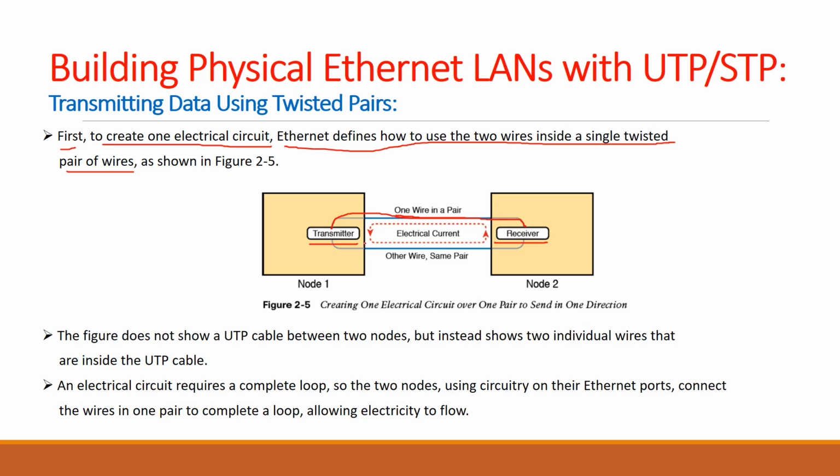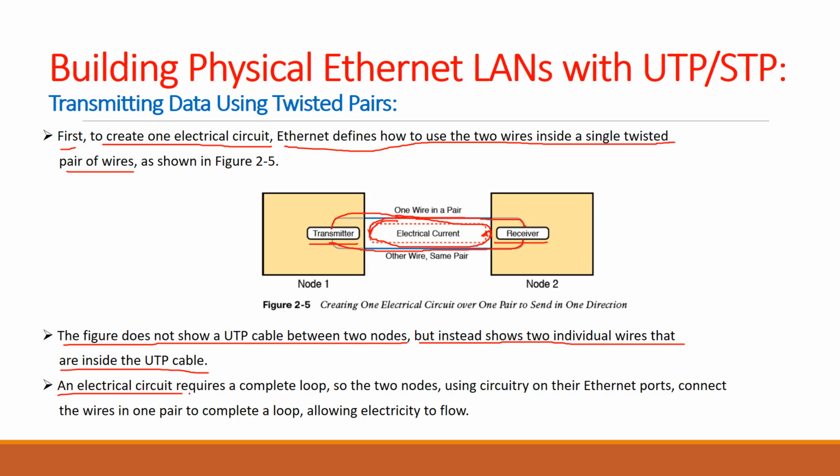So the two wires of the pair can have electrical signal or electrical current passing through the cables, and they can go in this direction. The figure doesn't show a UTP cable between two nodes, but instead shows the individual wires that are inside the UTP cable.